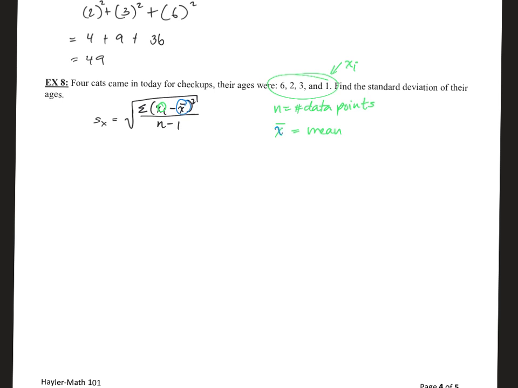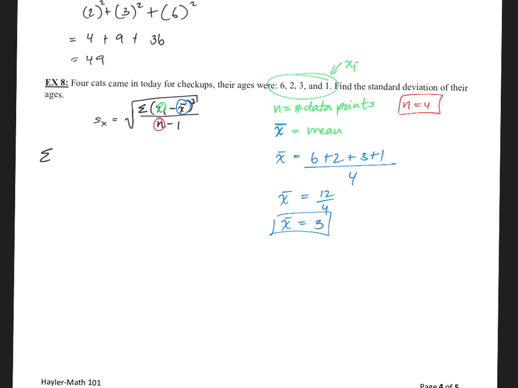Well, remember, you just take all your points, add them up, and divide by the number that you have. So it's going to be 12 divided by 4, which is going to be 3. Alright, so we found that. And then my n value, the number of data points we have, is 4. So n is 4. Now we just have to go ahead and fill in all the summations, and then we can find our answer. So we needed to do this inner part first before we go on.